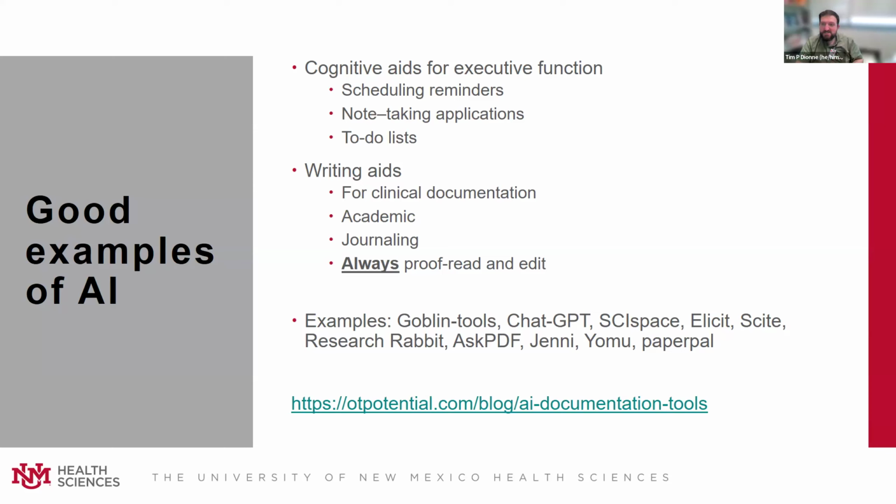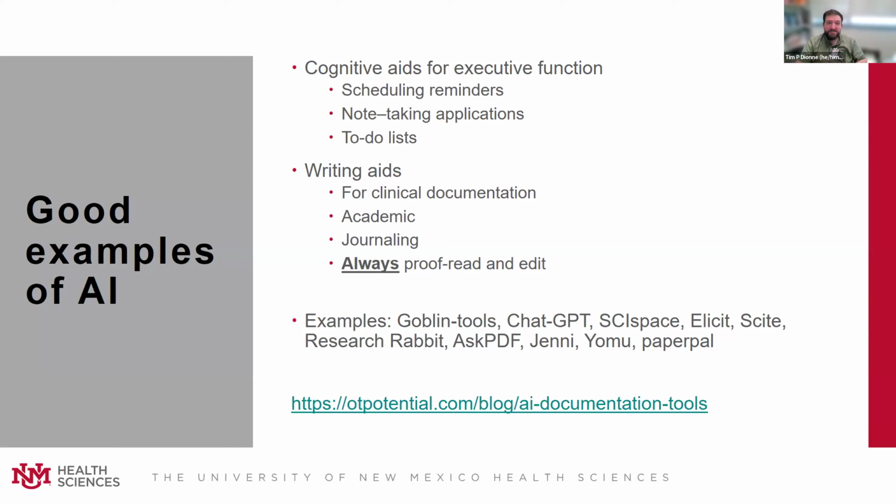Writing aids are another example. For clinical documentation, that's one thing that's coming out. In the OT world, OT Potential, which is a podcast, just released a blog post about all the different documentation tools and the top 10 tips, questions to ask yourself when you're using AI related to note taking and clinical documentation.